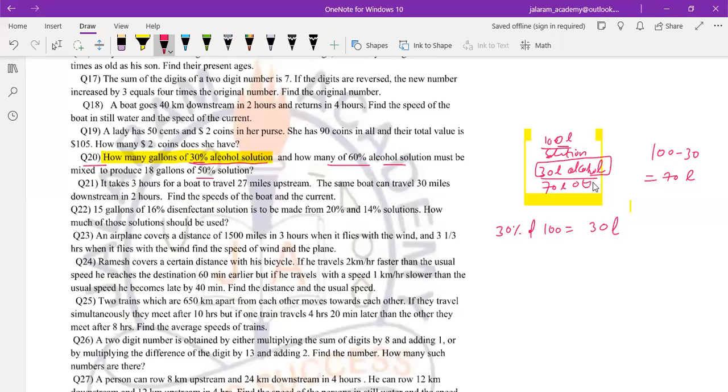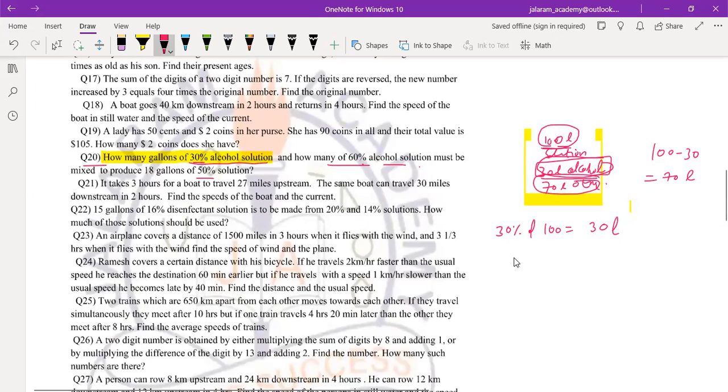It means the 100 liter of this solution will contain 30 liter alcohol and 70 liter other things, if it is 30% alcohol solution.